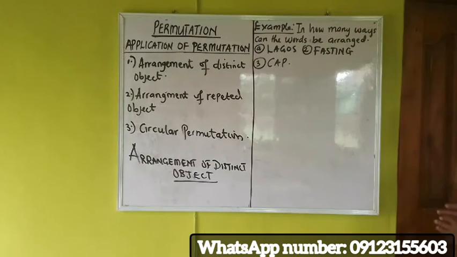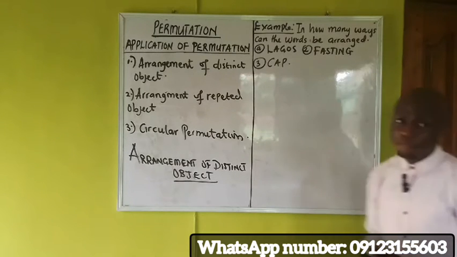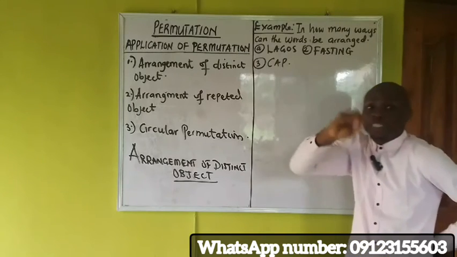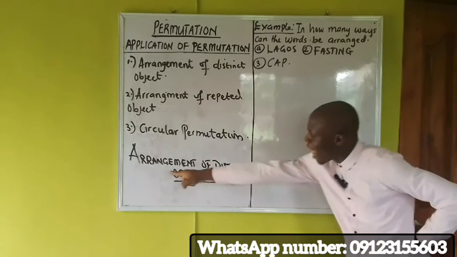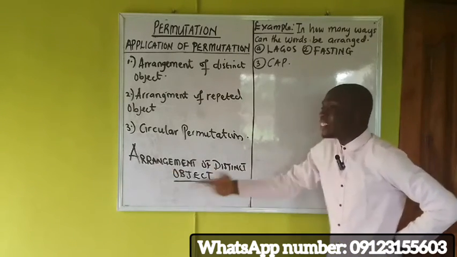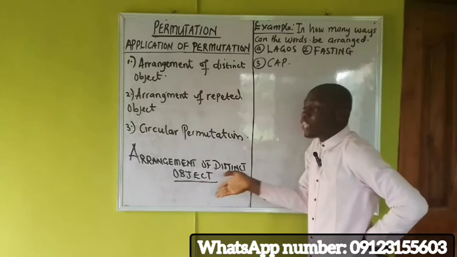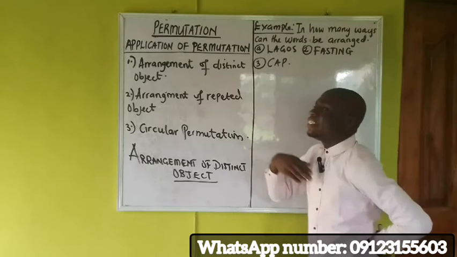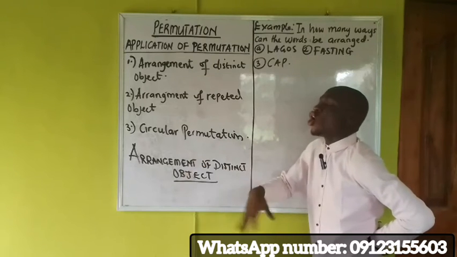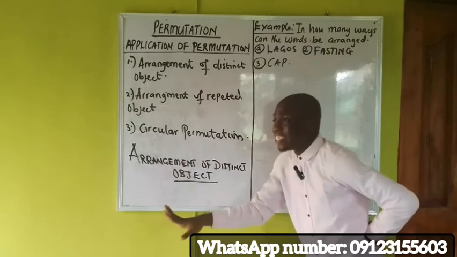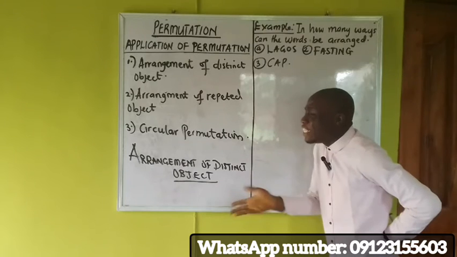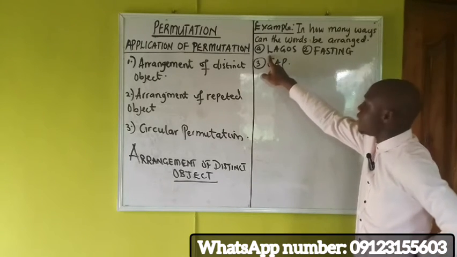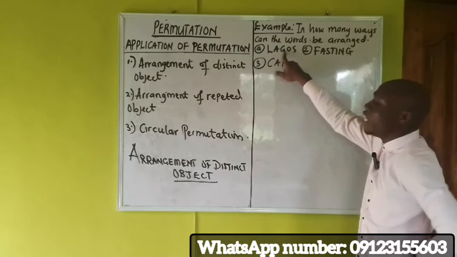First things first, what do I do? What I want you to understand here is that we said arrangement of distinct objects. This can be applied when the words, or let me say objects, you are told to arrange are not having anything in common. Look at this: L is different, A is different, G is different, O is different, S is different.